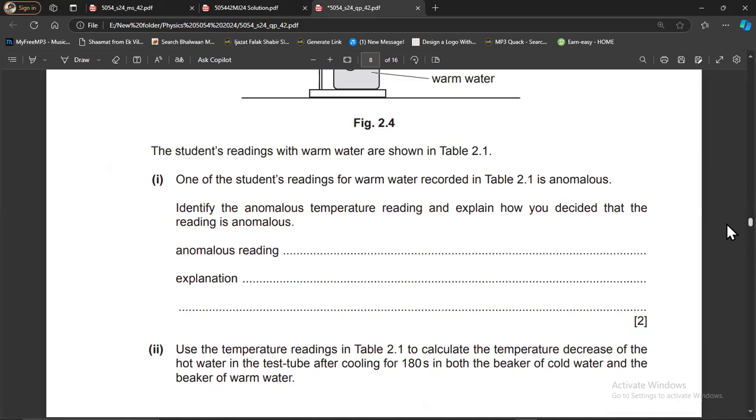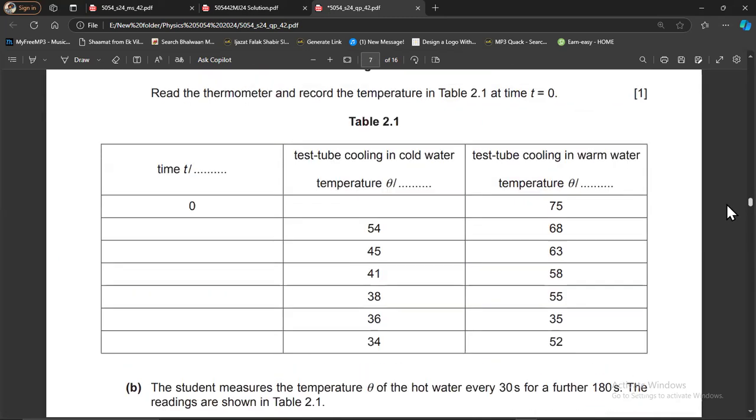So if you look at that table, the temperature at the start is 75, then it becomes 68, then it becomes 63, the temperature is dropping, then it becomes 58, then it becomes 55, then it becomes 35. All of a sudden from 55 it comes to 35, and then it goes back to 52.